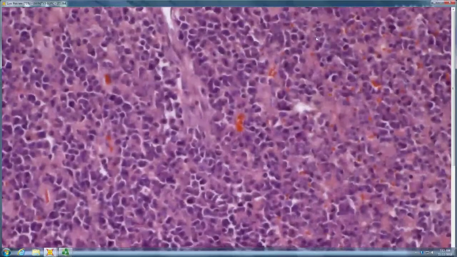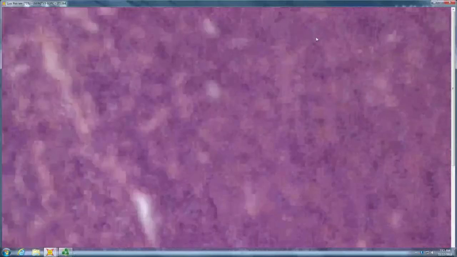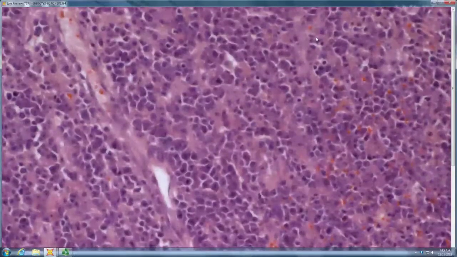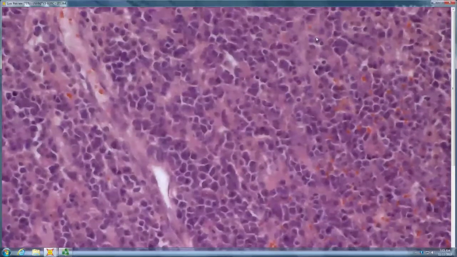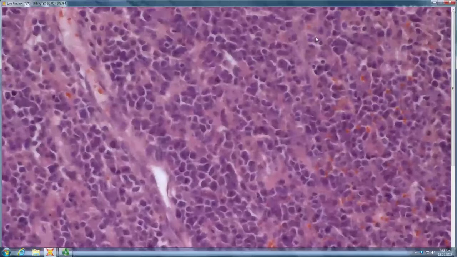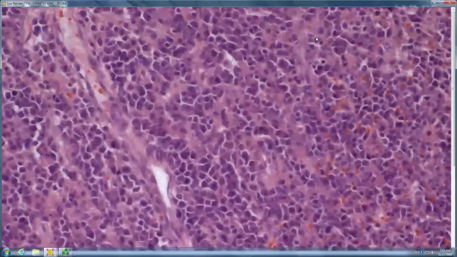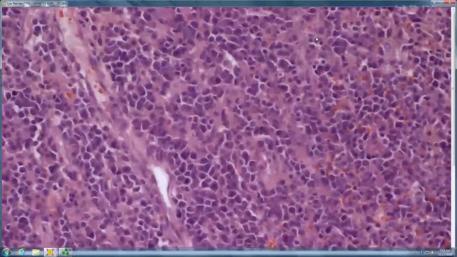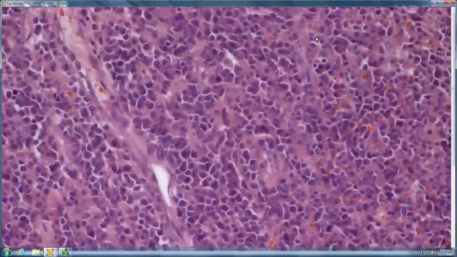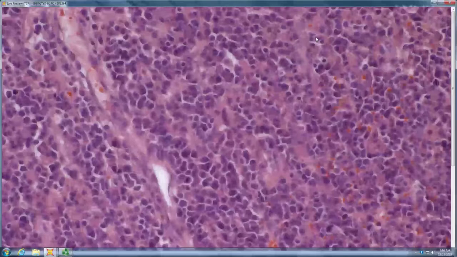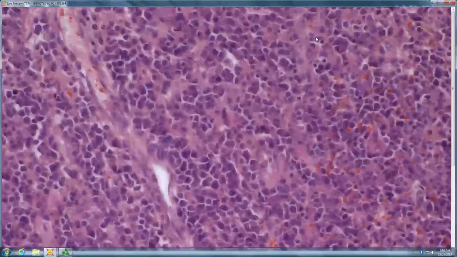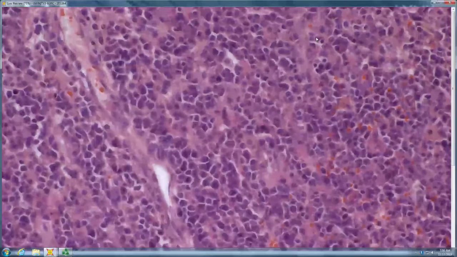This looks histiocytic. Mitoses. Lots of mitoses and eccentric nuclei, so somewhat plasmacytoid. Okay.